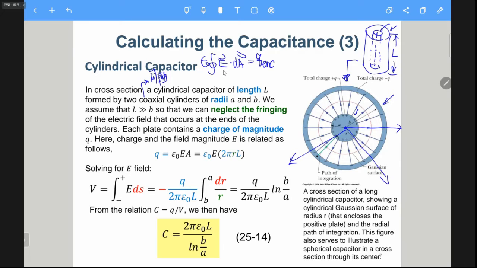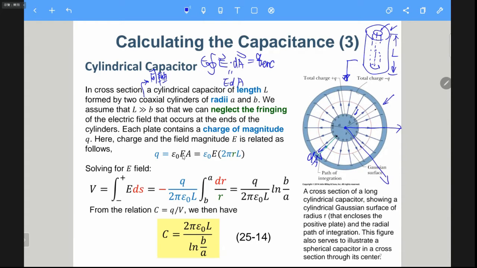Okay, so here the Gaussian surface is this one. And of course, dA should be pointing outward, and E should point in the same direction, which means E dot dA is nothing but E dA.